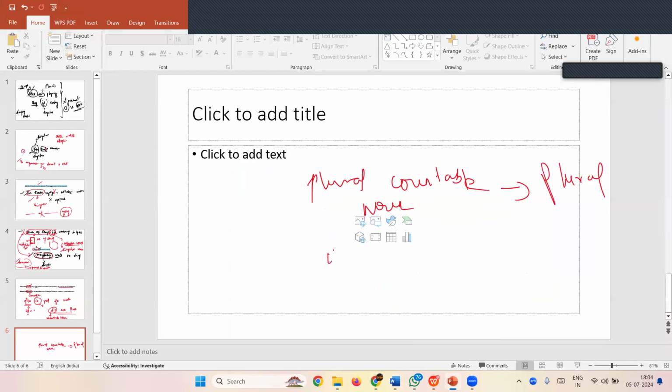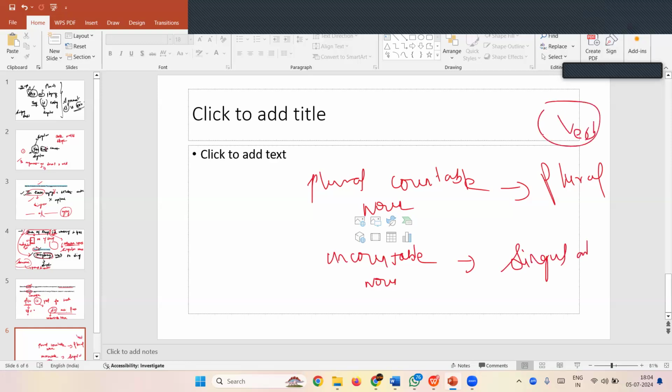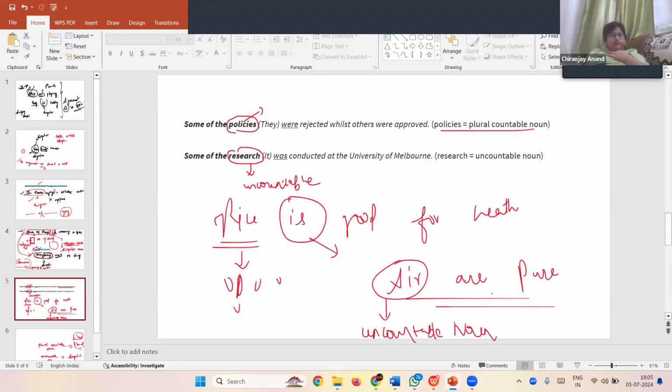Whenever you use an uncountable noun, you use a singular verb. Remember, this is about the verb. You use a plural verb and a singular verb. We saw an example of this. Air is something uncountable. Rice is something uncountable. Yeah?